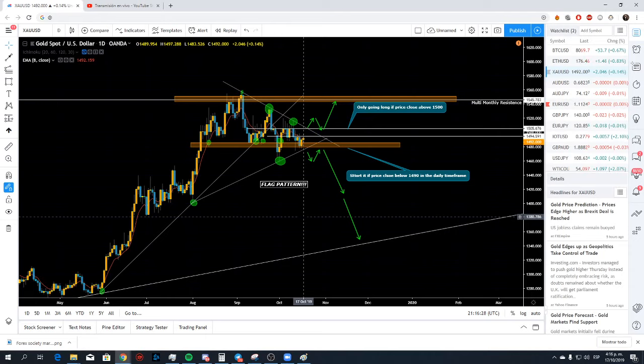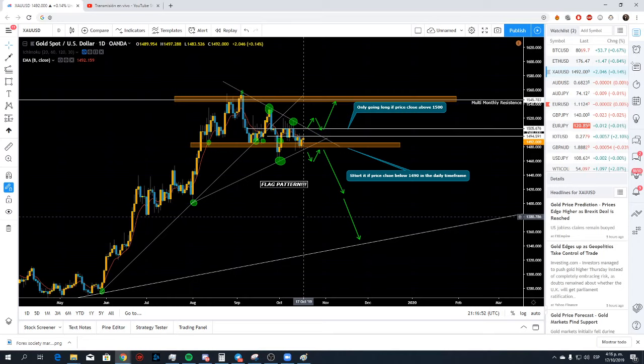If you're going to short that, wait for that trend line break and a break below this support. If you're going long, close above that trend line. Don't do anything right now. Okay, so that's for gold, and that's everything for today, guys. I think we covered a lot of things.